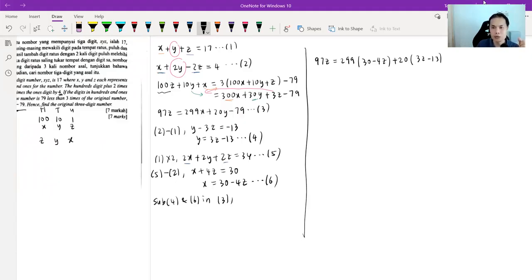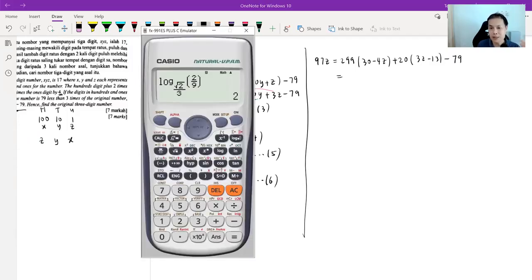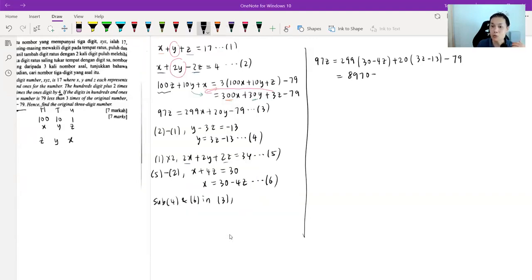Okay, let's expand this. I know sometimes it's a bit hard for you guys to think of it. 299 times 3, you do think 300 times 3, 900. 900 minus 3, 897. But if you can't do it, you can just do it like this: 897, add a 0 at the back, 8970. 299 times 4, you think 300 times 4, that is 1200.